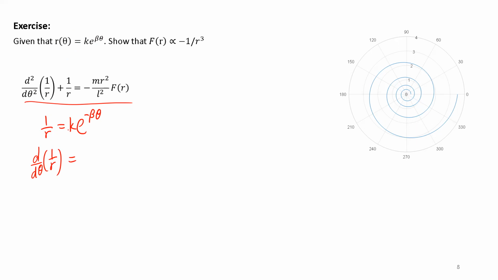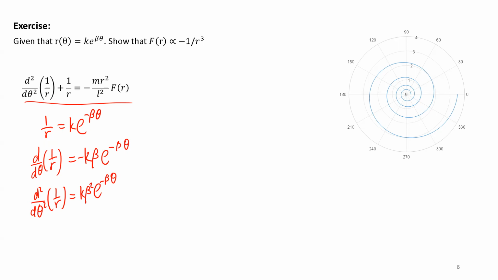That's actually easy to do because it's just an exponential function. So that would be minus k beta e to the minus beta theta. Right, so taking the derivative one more time. Like this.